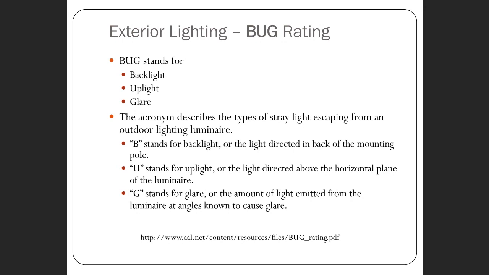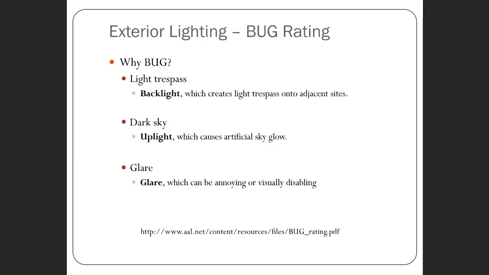We don't want the light necessarily to go backwards or up. We don't want it to be glary. We want to put the right amount of light where we need it and not be spilling light on places where that light doesn't belong. So again, light fixtures with this sort of rating, along with good lighting design, will give us the sort of results that the folks who made that movie were hoping that we would do.